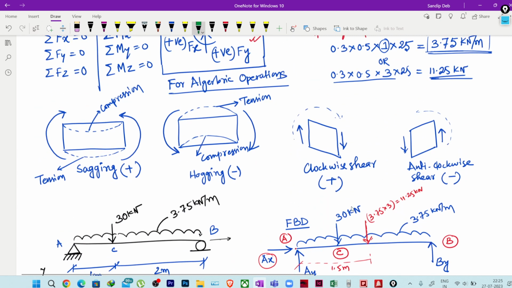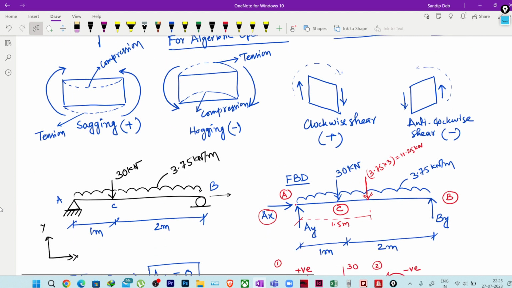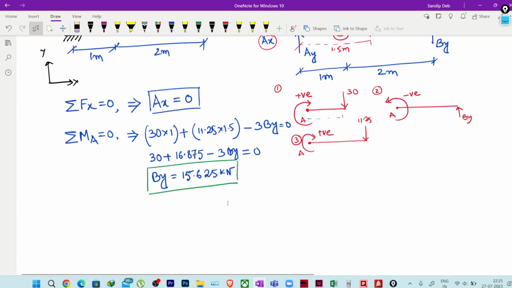Actually, shear is whatever force you are applying, that force will be distributed to the two ends and we will get the shear at the ends. The direction of force and the direction of shear will always be equal, correct? So here we are getting By. We will prove it again when we find the shear force. So this is the support reaction at B, which is 15.625 kilonewton.